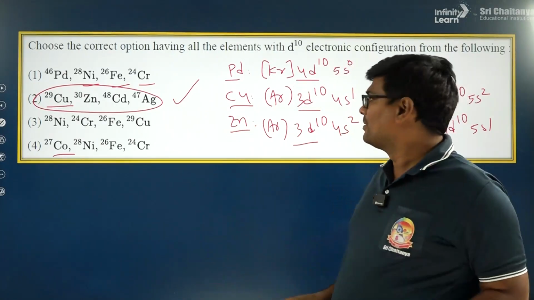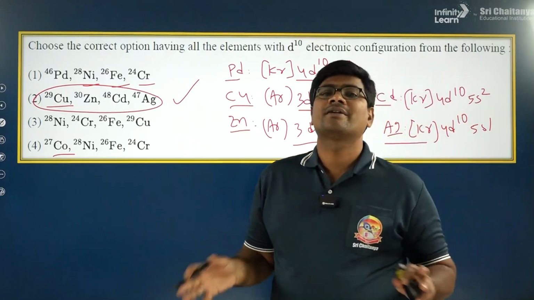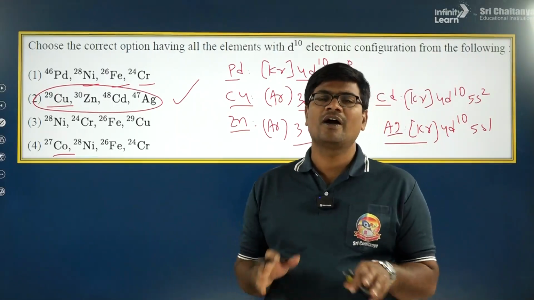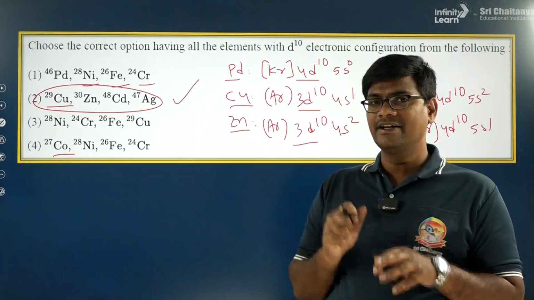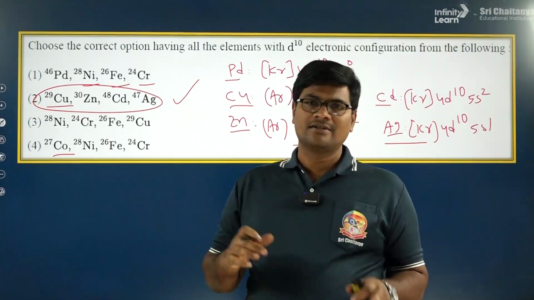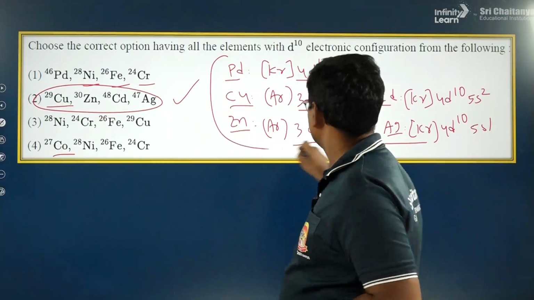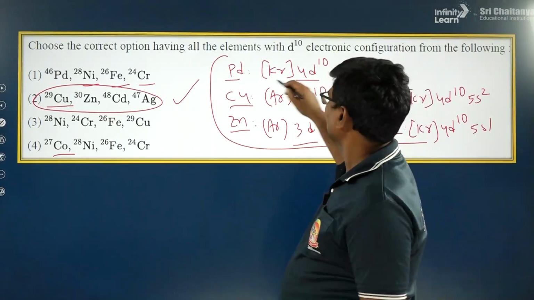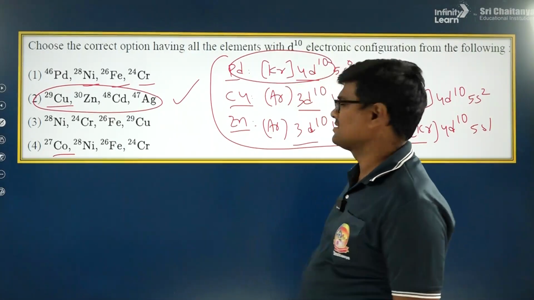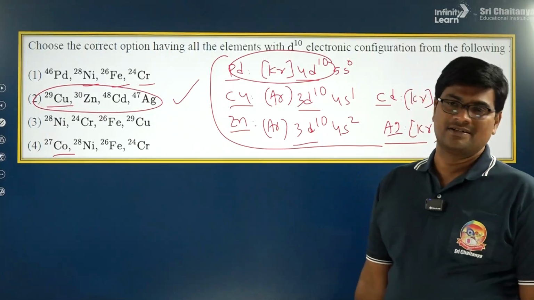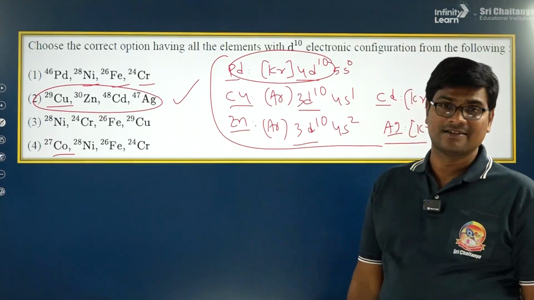Suppose in a given problem they ask which will have the pseudo inert gas configuration. Pseudo inert gas configuration means d10 configuration. We can include palladium also. Among the elements, not the ions, palladium has d10 pseudo inert gas configuration.